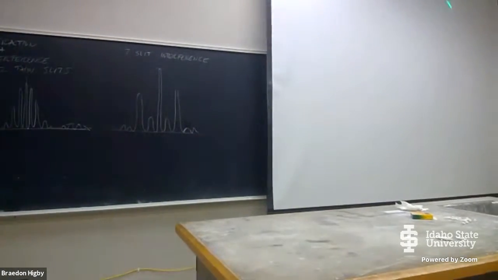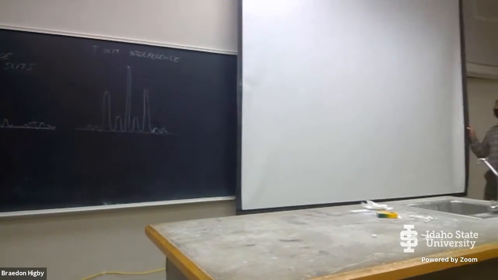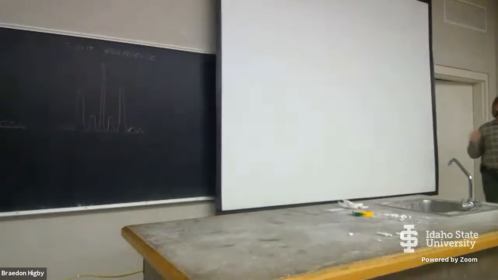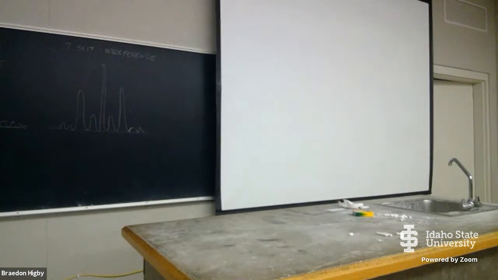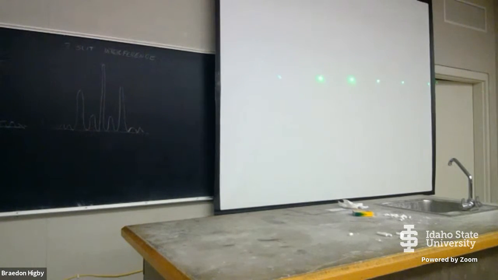We don't need the lights, all the lights off. But this is a grating, and we get a pattern like this. So technically, there's probably a couple of thousand minimum little teeny spots between each of these bright spots, but they're so faint you can't see them.